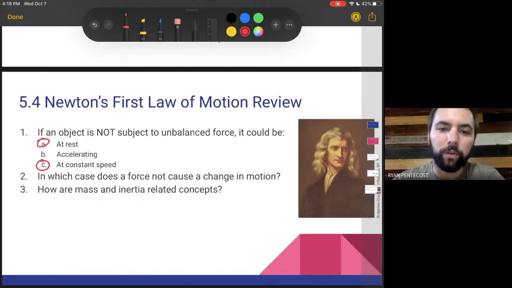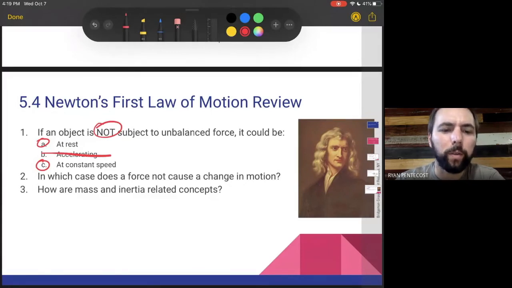An object at rest will remain at rest, A, and an object in motion will stay in motion, C, unless acted upon by an unbalanced force. So if it is not subject to an unbalanced force, it can't be accelerating. To accelerate, you have to have an unbalanced force acting on it.